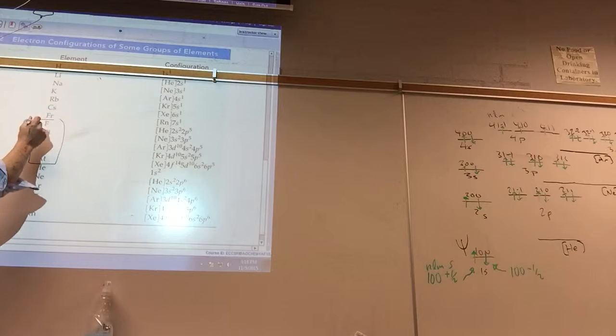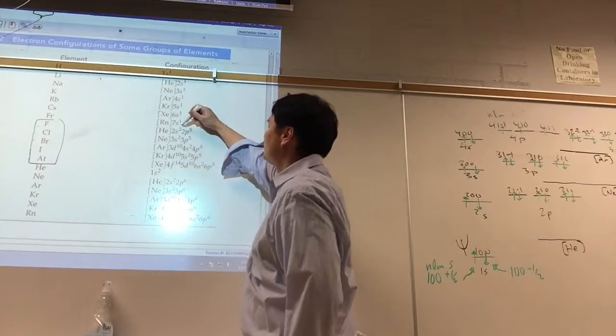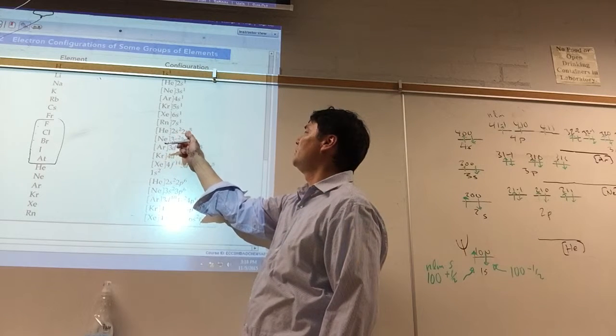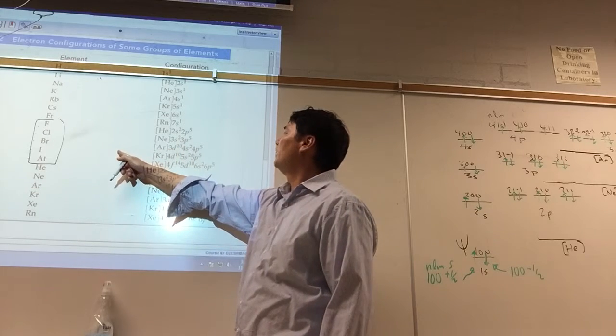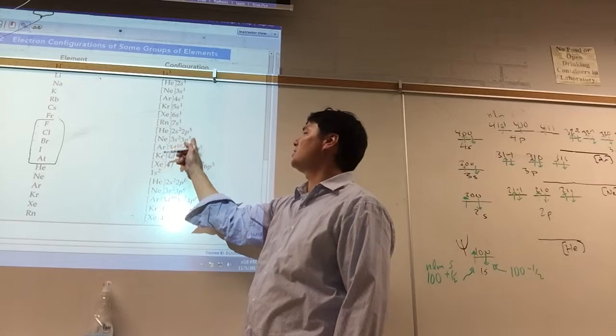The halogens are going to be fluorine, chlorine, bromine, iodine, astatine. They all have the same number of valence electrons. And so when we look at it, how many valence electrons does fluorine have? Well, it has the 2s2 and the 2p5, a total of 7 valence electrons here. But if we go to chlorine, the same thing, 7 valence electrons, the highest n shell.